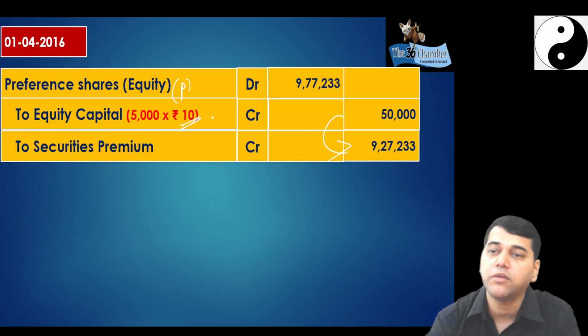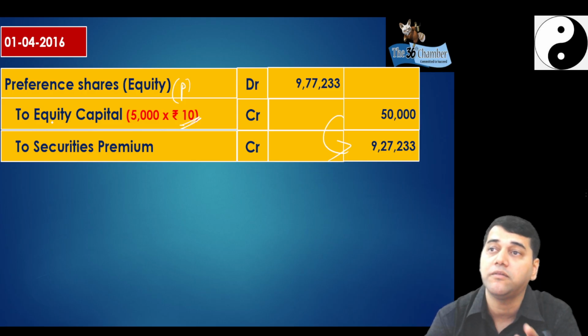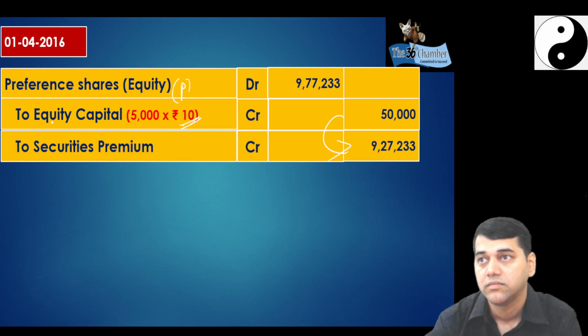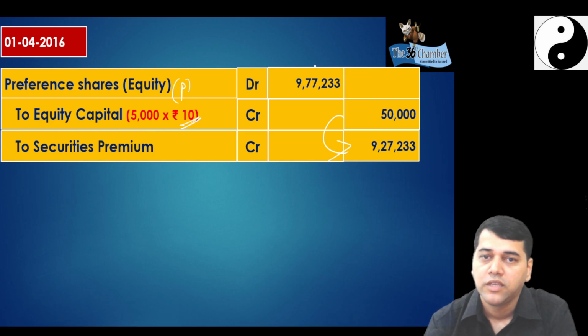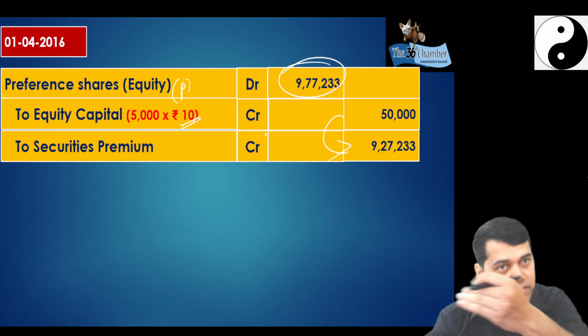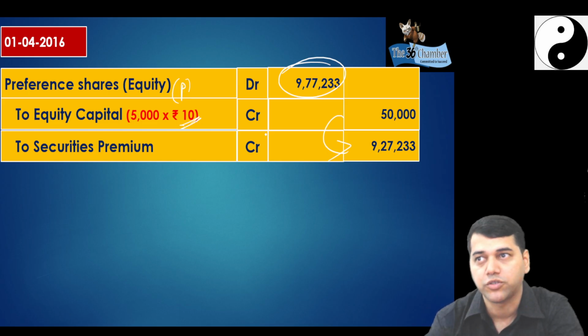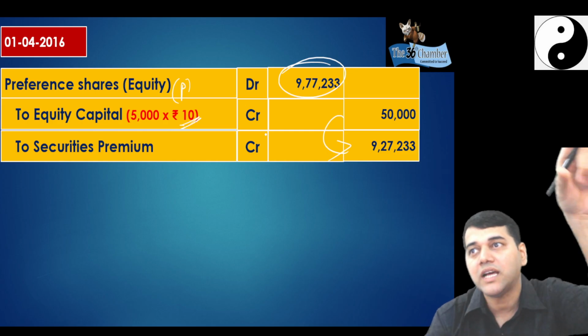If a fixed number of shares is not given, then your entire instrument would have become a financial liability. What difference does it make, Dhanashree? If it is a financial liability, you will show it under the liabilities portion in the balance sheet, presentation wise. Since it is an equity portion, you will show it under other equity.